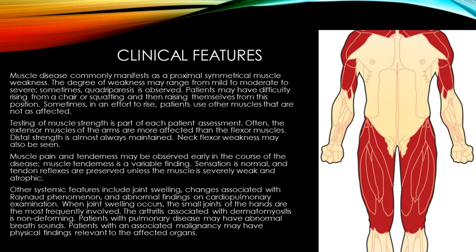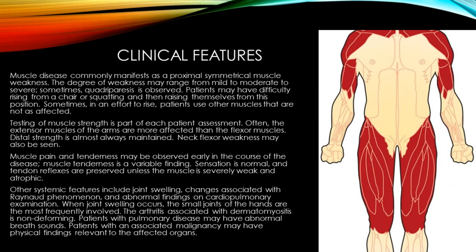Sometimes quadriceps weakness is observed. That's why the person falls very often. Patients may have difficulty rising from a chair or squatting and then raising themselves from this position. Sometimes, in an effort to rise, patients use other muscles that are not as affected.